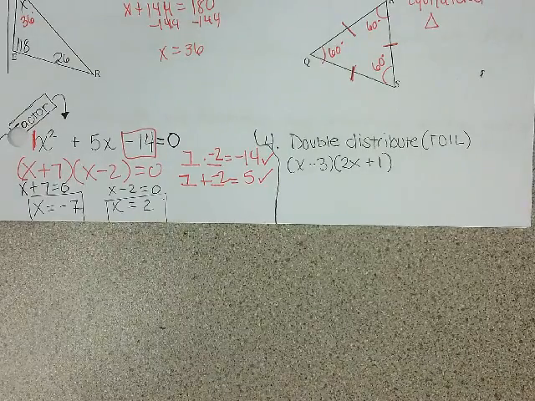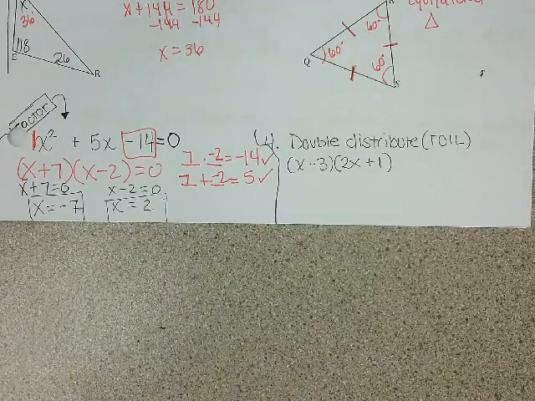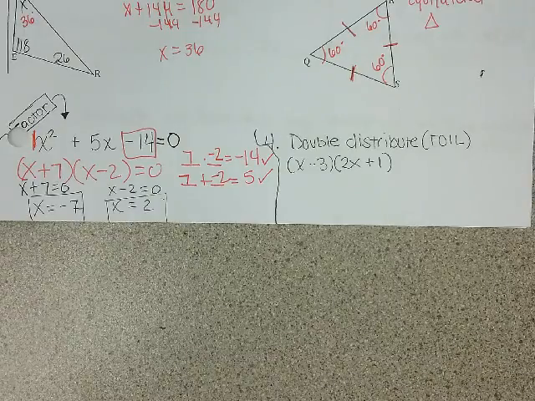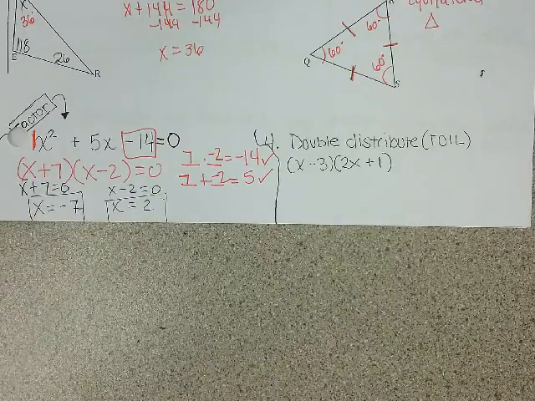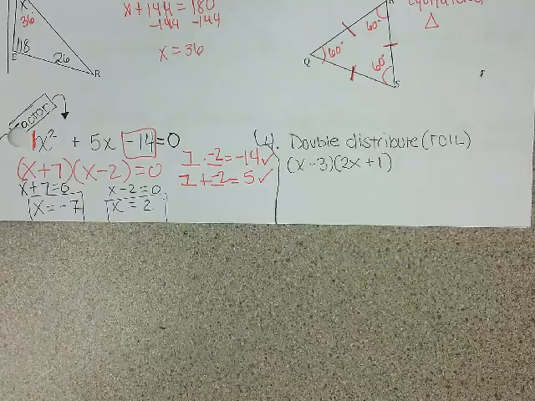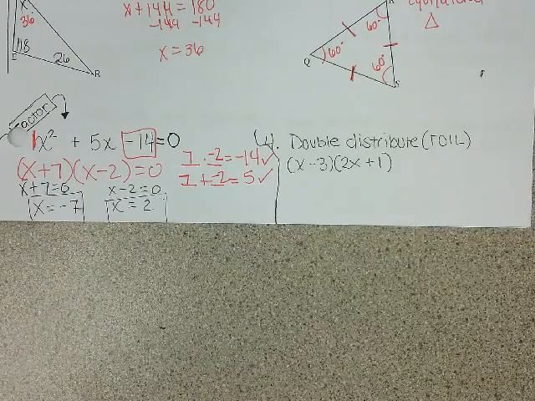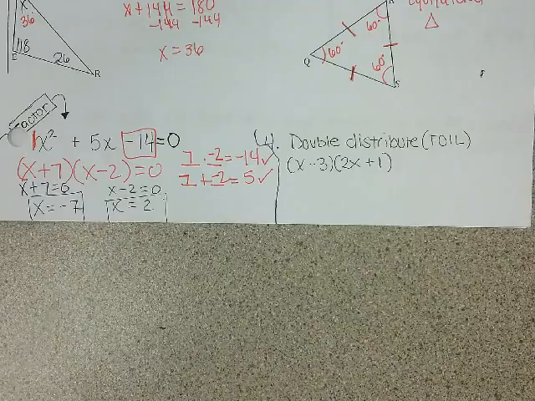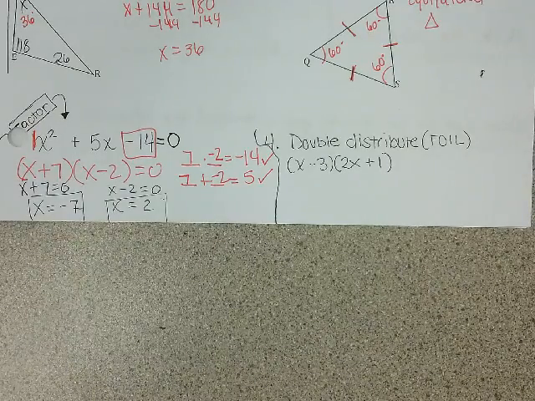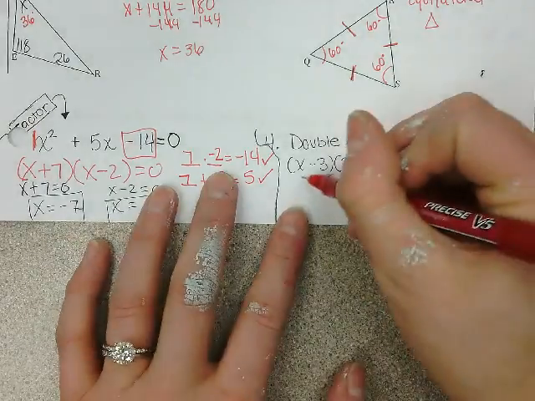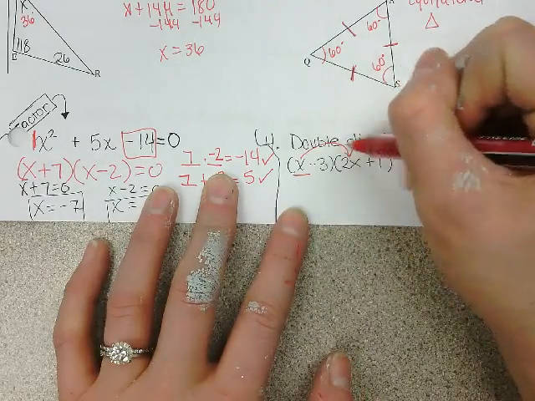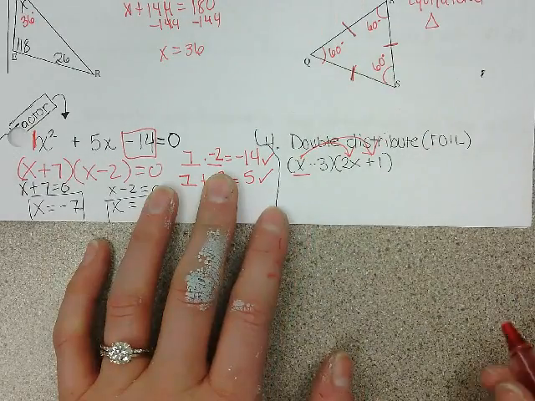Alright, I don't know, they used to call it foiling when I was in school. I don't know what they call it anymore. Rainbow smiley method, butterfly, multiply, double distribute. But you have to multiply all the things. So what I do is I take this first one and multiply everything in the other set of parentheses.